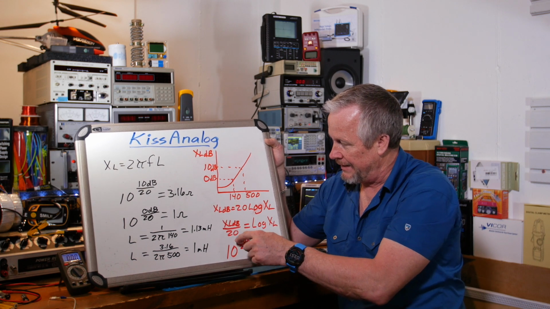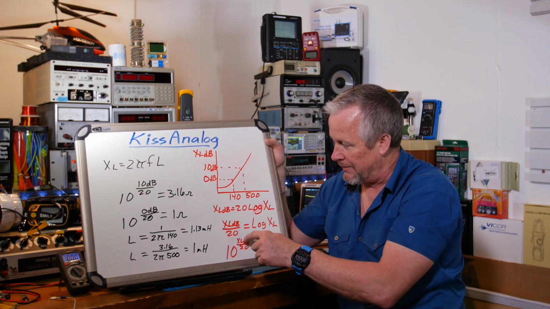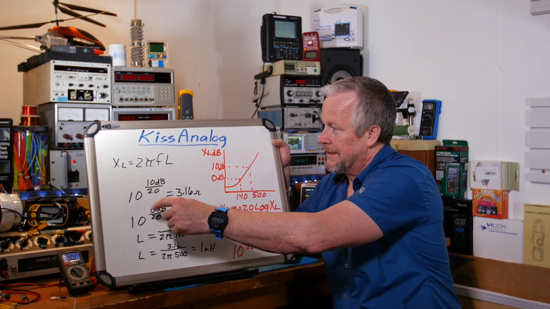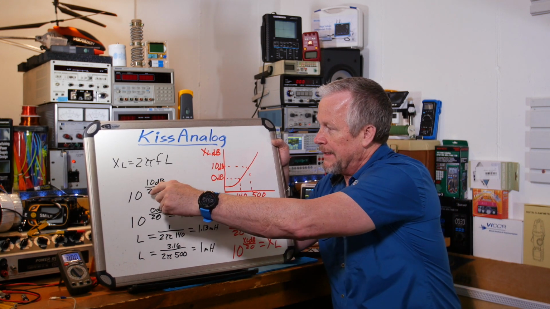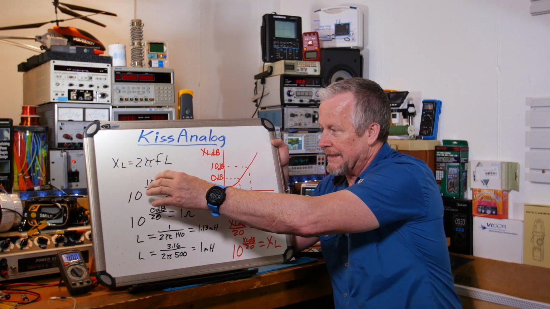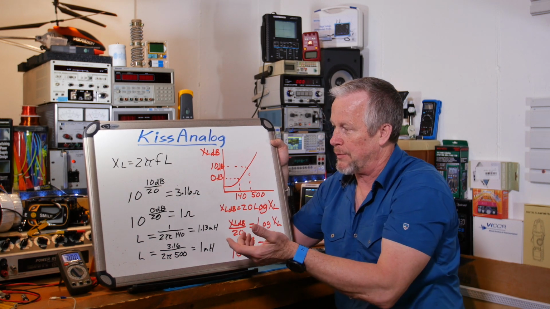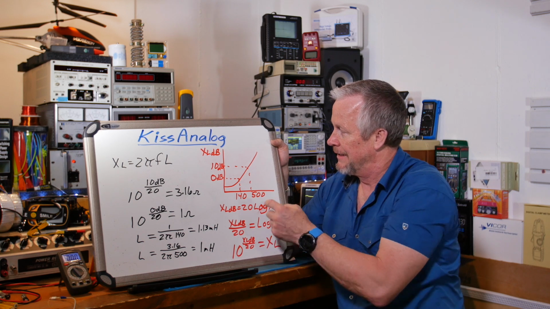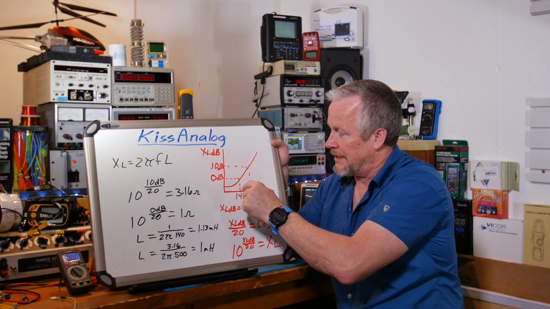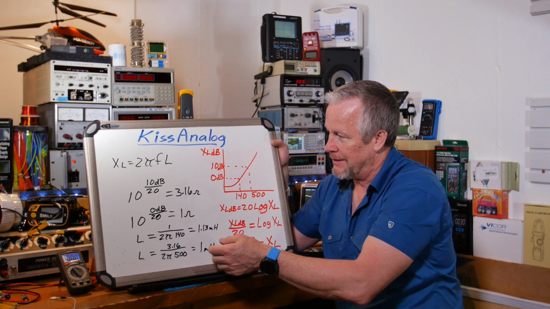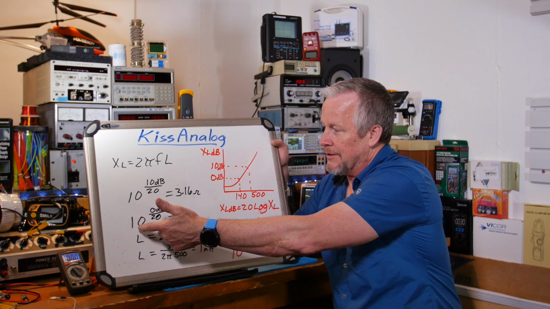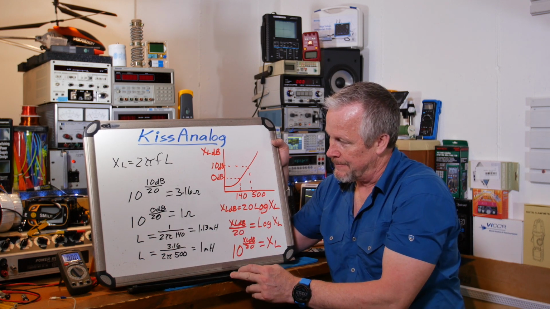So you get 10 to this power is equal to X of L. So you take this 10 dB, divide by 20 dB, put it in your calculator, that 10 to the x thing, and you get about 3.16 ohms right here. And the 0 dB, we know that's going to come out to 1 ohm. So 0 dB divided by 20 dB, 10 to the x, you get 1 ohm.